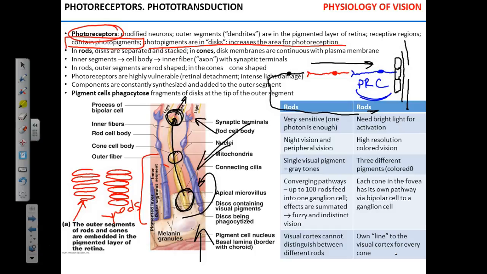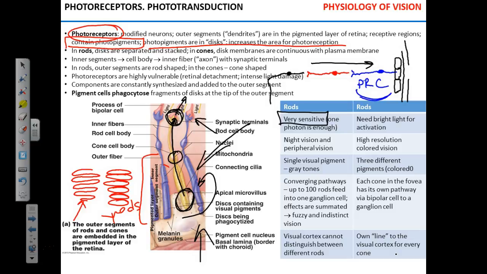Rods and cones. The comparison. We talked about it a little. Rods: very sensitive. Often, one photon is enough, which means they can sense really dim light.